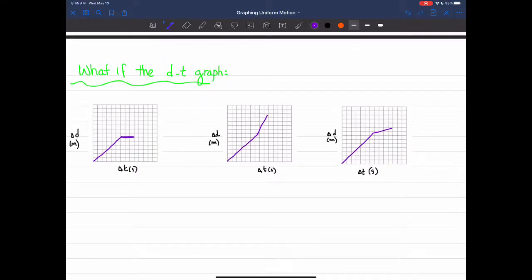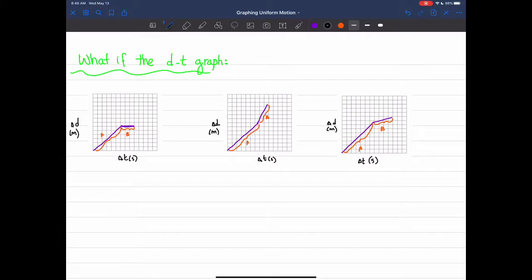So I want you to pay attention to those graphs and have an idea of what is happening here. So this is going to be called segment A and B. What is happening in segment A and B? Remember, it's distance being traveled over time. So try and see if you can think about what is happening.